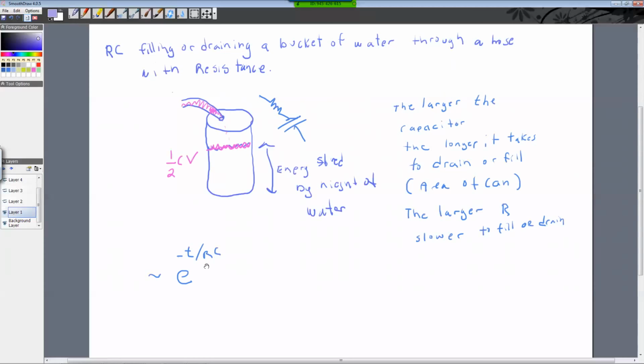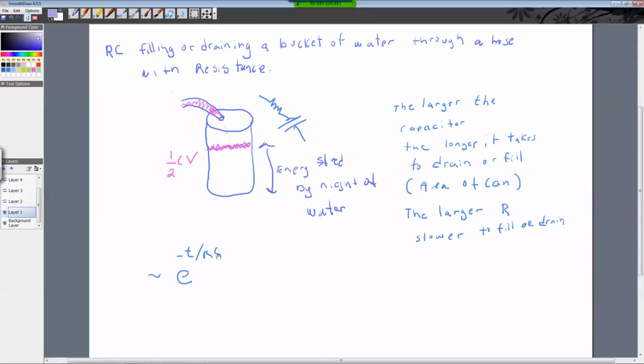So now you can go through and derive and take the inverse Laplace transform and get that, but maybe that's just too much for the exam. So I try to remember things physically. The larger the capacitor, the bigger the area, the longer it will take to drain or fill this area of the can. The larger the resistor, the slower it will take to fill.